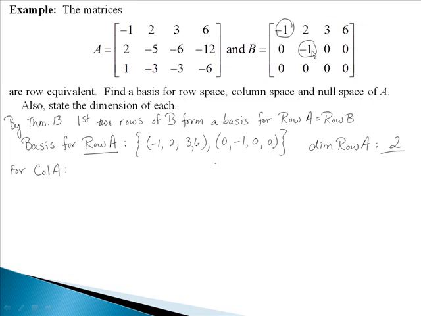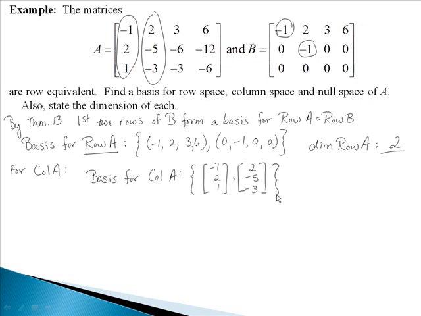So those two columns of A over here are going to form the basis for the column space of A. So our basis for the column space of A is these two vectors, which were the first two columns of A. Now the dimension of the column space of A is going to be 2, since there were two vectors in our basis.